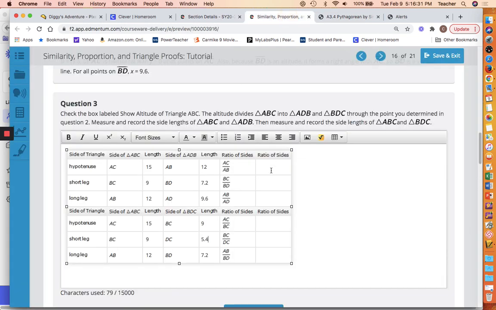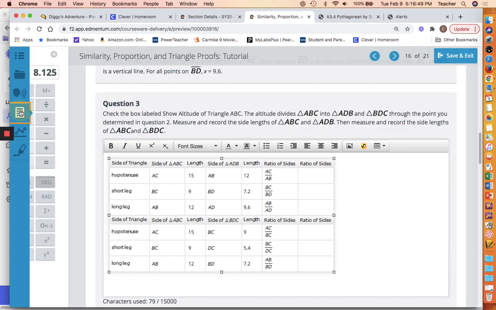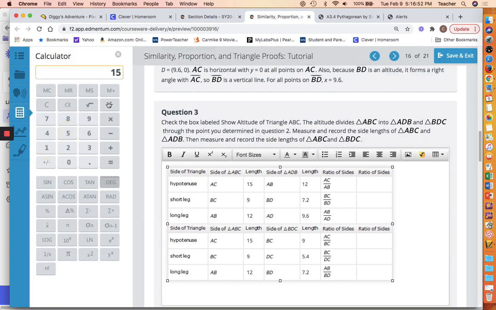All right, so it looks like here's where I'm going to divide these to get what my scale factor is. The ratios are going to be proportional, so they're all going to be the same. So I'm going to take my AC, which is 15, and divide by AB, which is 12. 15 divided by 12 is 1.25.